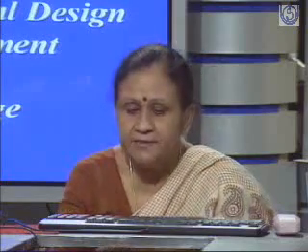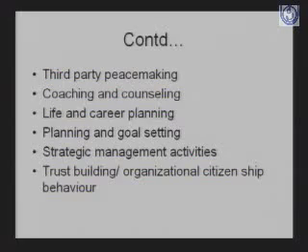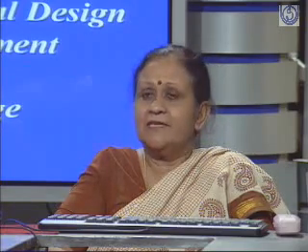This is continuing. Then there is third party peacemaking, especially in terms of unions coming to fight. You need some intervention from politicians. Sometimes at the interpersonal level, nobody is talking to each other, communication gaps are happening, rumors are becoming dysfunctional, the grapevine is very rampant, and communication has been replaced by grapevine.